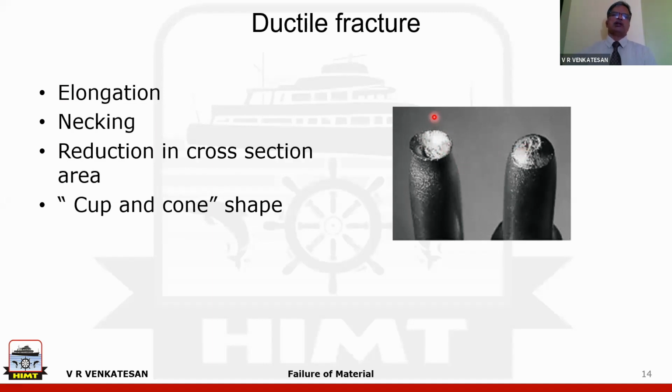So there is quite a bit of narrowing down, and then it fails. Now this is a very common type of failure in elastic materials, or materials which are ductile, mild steel or low carbon steel, as an example. They are ductile materials. So what will happen is that before they break apart, it will stretch, and often it can give some warning because of this.